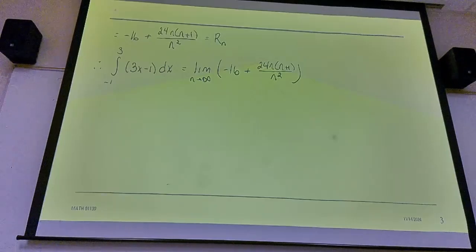So our integral is the limit of that as n goes to infinity. What's the limit of negative 16? What's the limit of 24n times n plus 1 all over n squared?